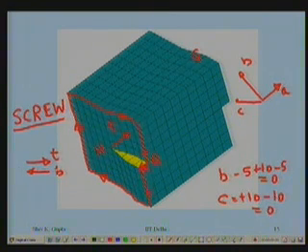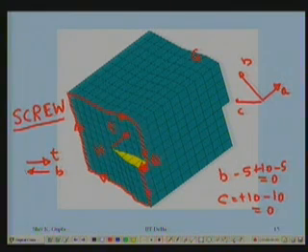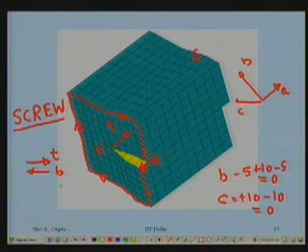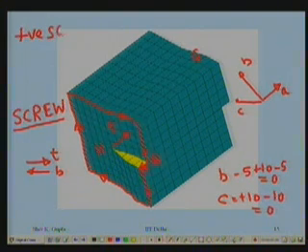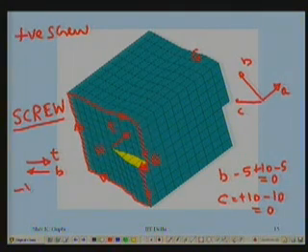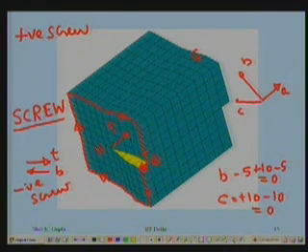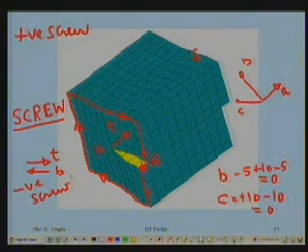In this case, the angle is 180 degrees, while if they point in the same direction, it is 0 degrees. Likewise, where they point in the same direction, I call them positive screw, and when they are opposite like this, I call them negative screw. So this picture is that of a negative screw dislocation.